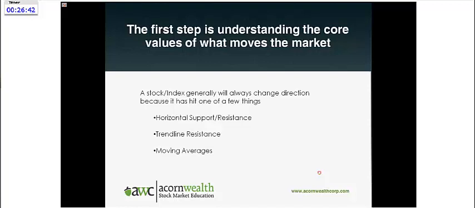I believe the market is organized chaos, and that a stock is simply bouncing around almost like a ping pong ball and will not change direction unless it hits one of the decision points of these algorithms, one of the checkpoints, which is a horizontal resistance, a trend line resistance, or a moving average.